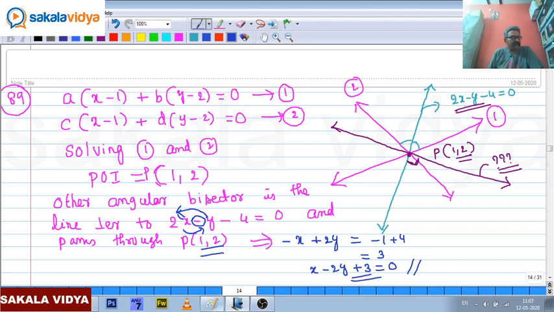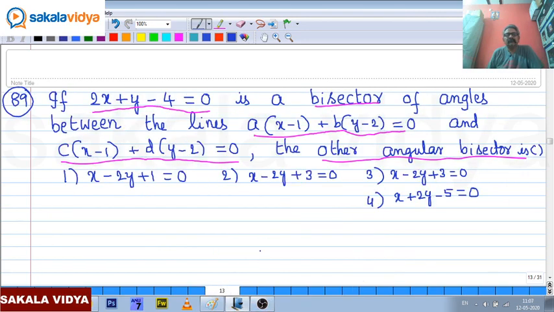This is the required equation. So the third option is the right option. Yes, third option. Angular bisectors are always perpendicular.